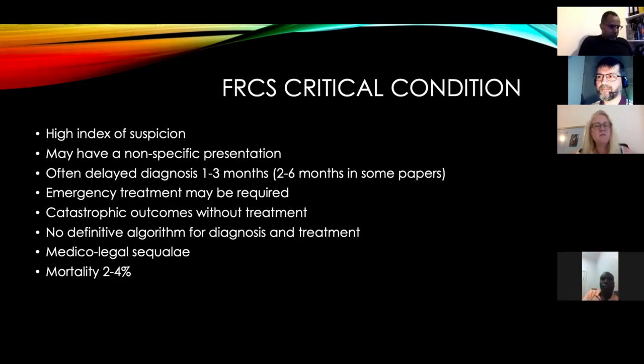Some of these patients may need emergency treatment, and if it goes unrecognized without treatment, the outcomes can be catastrophic. Unfortunately, there's no definitive algorithm for diagnosis and treatment that we can all follow. A lot of the studies tend to be cohort studies, level 3 and 4, and a lot of expert testimony, really. It has important medico-legal complications, and a mortality of 2 to 4%.